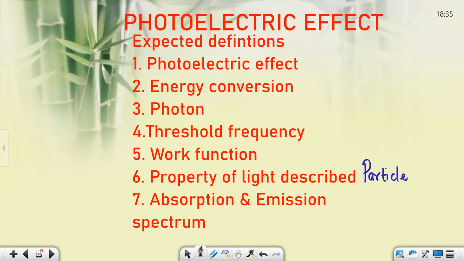It is the particle nature of light. That is very, very important. All right. Absorption and emission spectrum, I'll explain that as we go on. I hope these expected definitions are important.